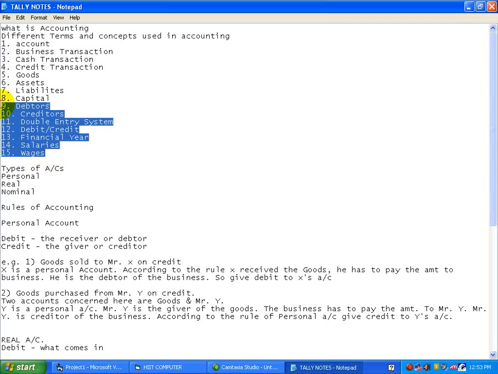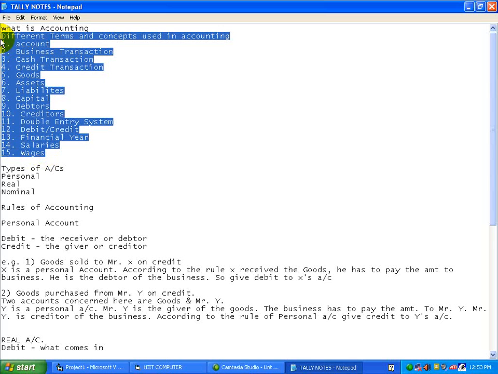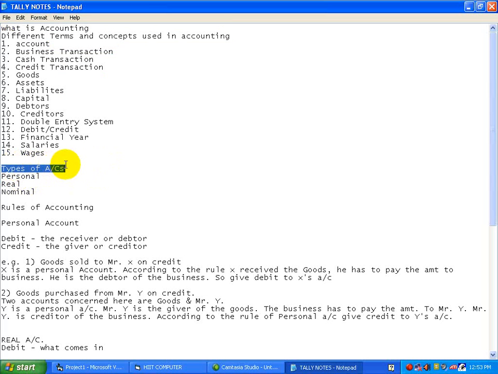So we have just covered the different terms and concepts, as these terms are very important while learning Tally. We will further see now which are the types of accounts. The first one is personal account. In this type, accounts of all persons, namely artificial and natural persons, are considered.